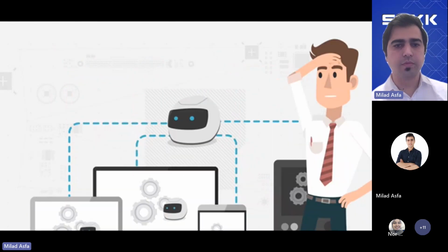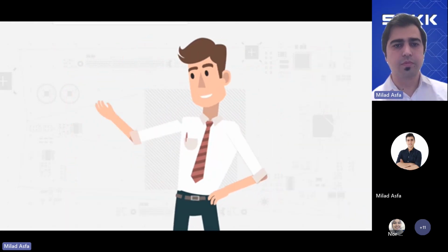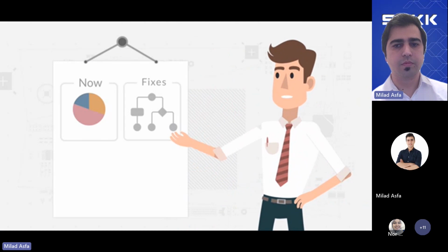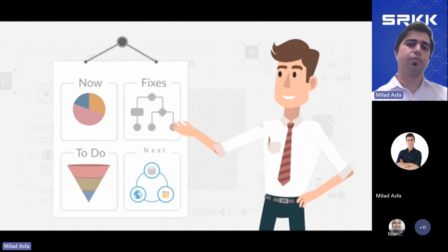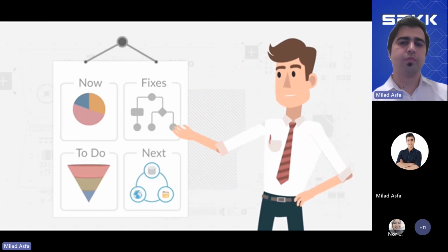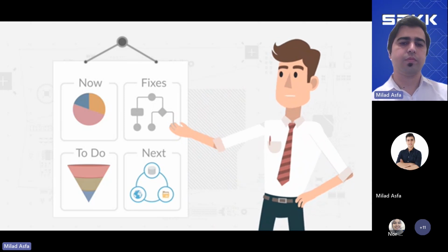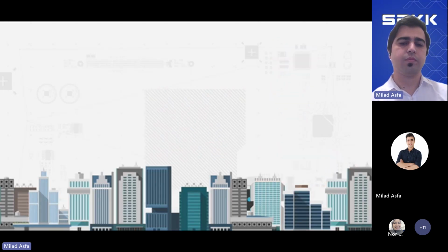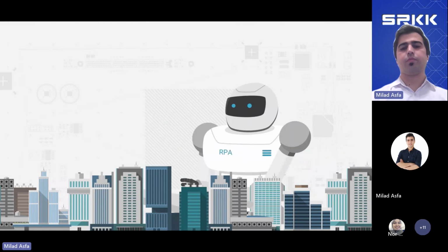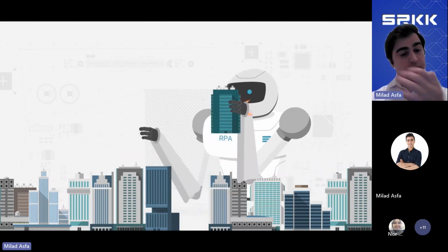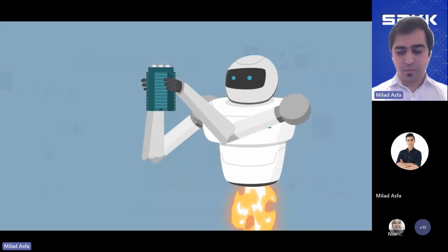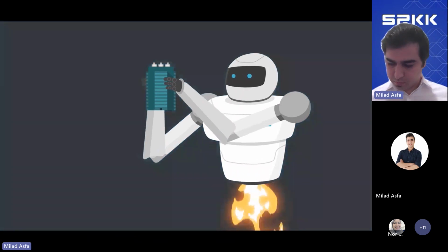But not everything is bad for the worker. Now, employees can dedicate their time to generating added value for the company, focusing on problem solving, managing exceptions, developing strategy, and creative improvements. RPA is becoming established as another technology to help companies achieve a successful digital transformation and remain competitive in the market.